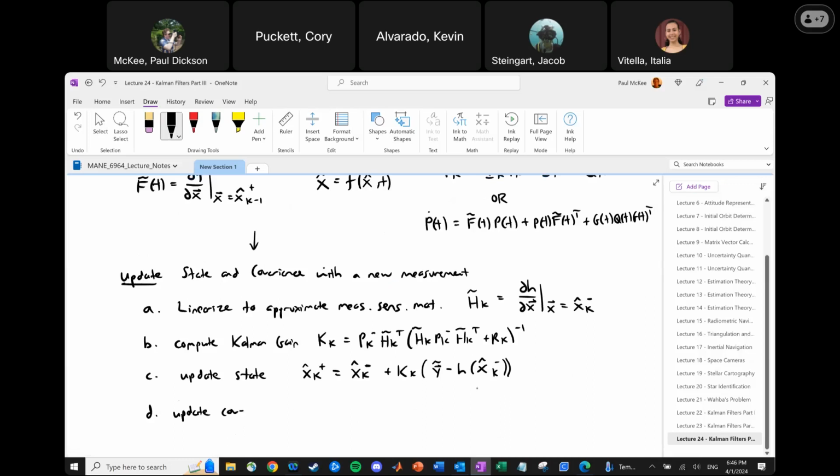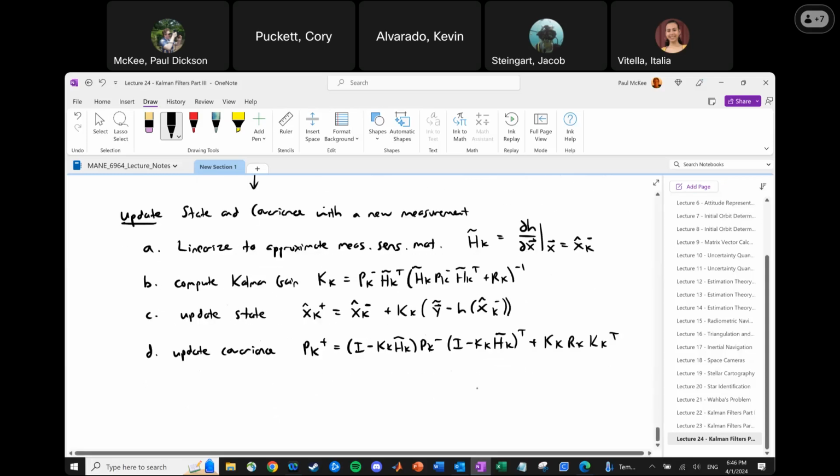the covariance. And that's going to look like P_k plus is (I minus K_k H_k) P_k minus (I minus K_k H_k) transpose plus K_k R_k K_k transpose.